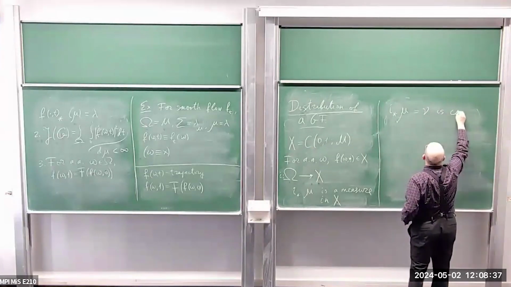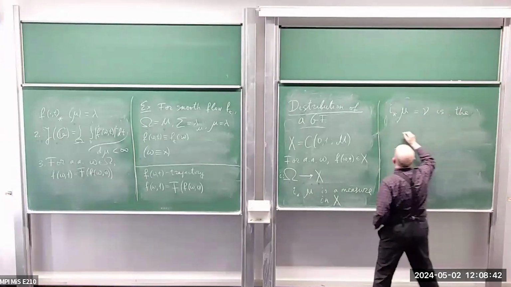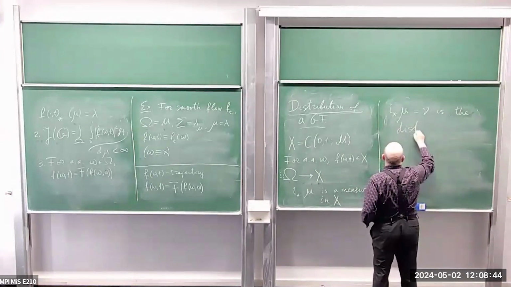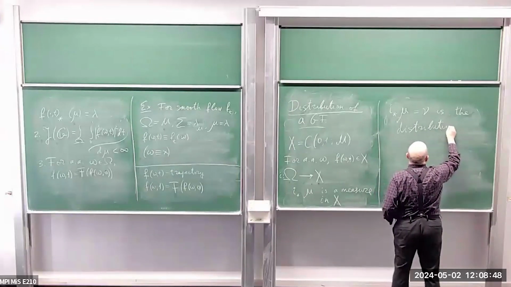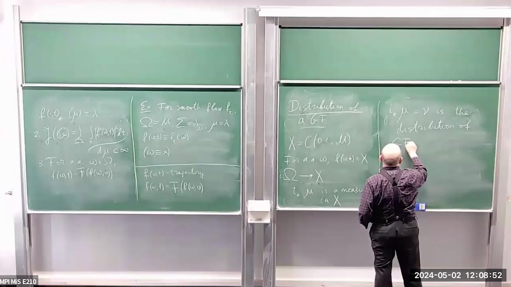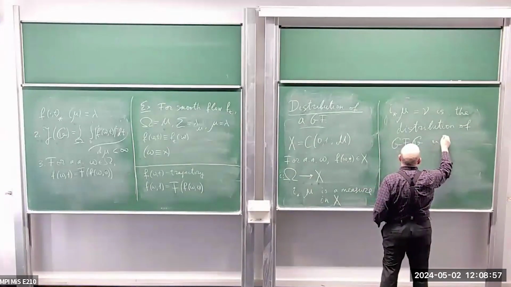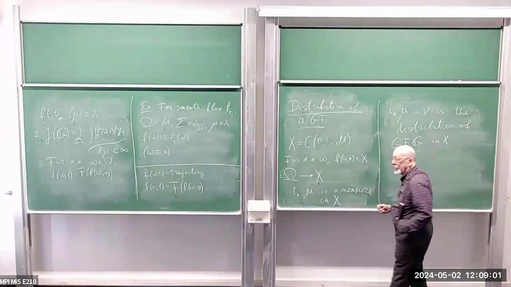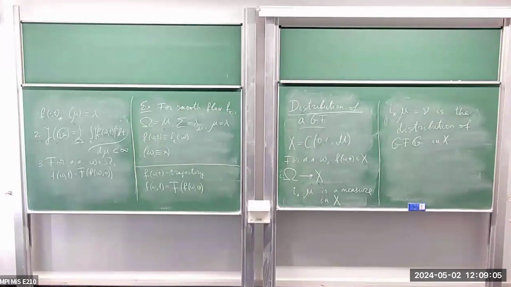It's called the distribution of the generalized flow G in X. So what changed?